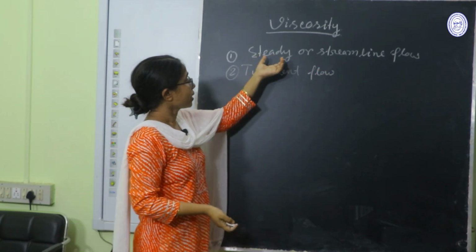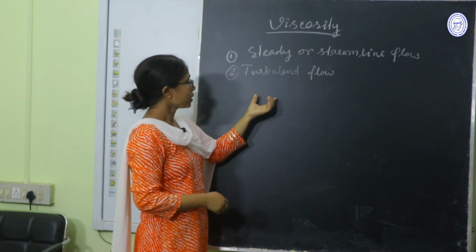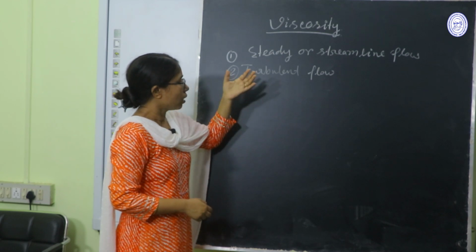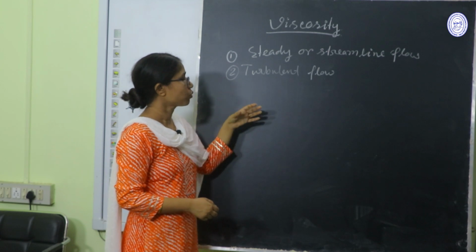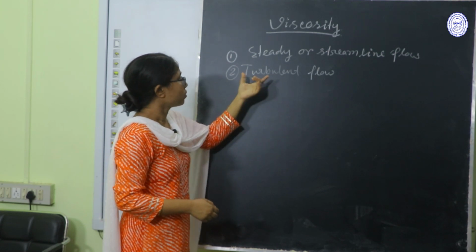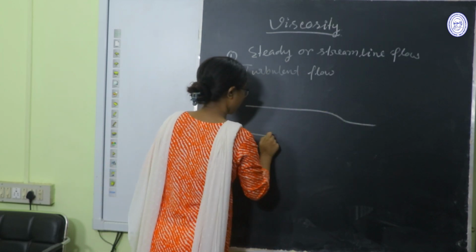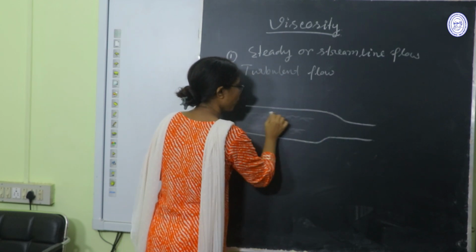Now, what is steady or streamline flow? In this type of flow, the velocity at a given point inside the fluid, the magnitude and the direction of that velocity, is constant with time. Like this, if we consider a tube and through this tube a fluid is flowing.